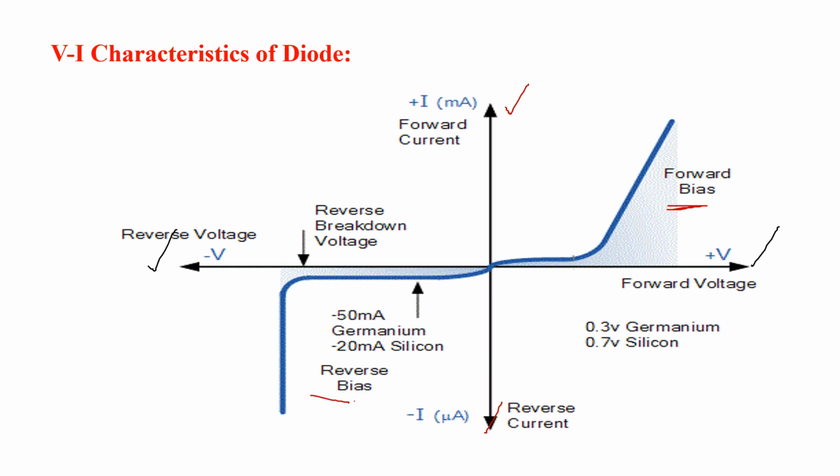These are the values for the forward voltage drop, and these are the currents. For germanium, the forward voltage drop is 0.3 volts, and for silicon 0.7 volts. Okay, this is about the VI characteristics of the PN junction diode.